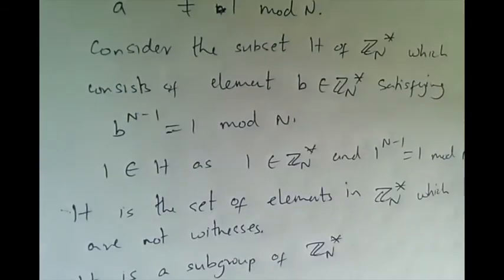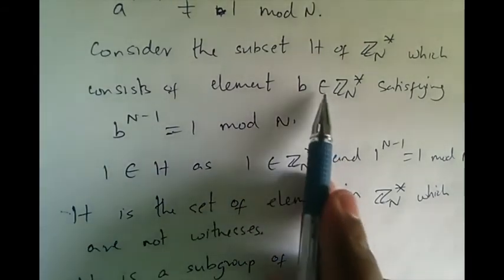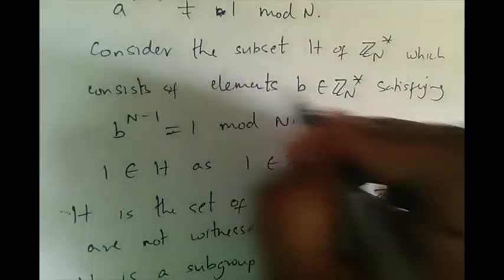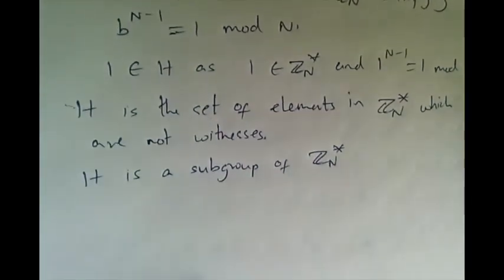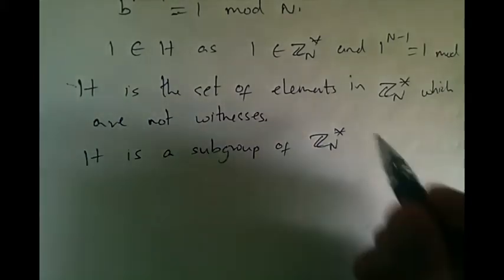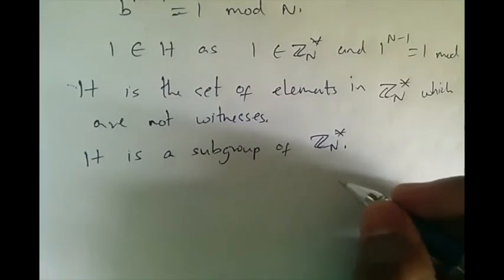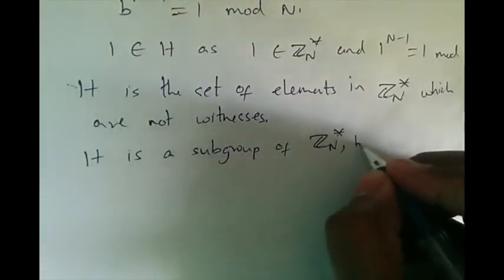So what is H again? H is the set of elements B in Zn star for which B raised to n minus 1 equals 1 mod n. So my claim is that H is a subgroup of Zn star, and it follows from the following proposition.